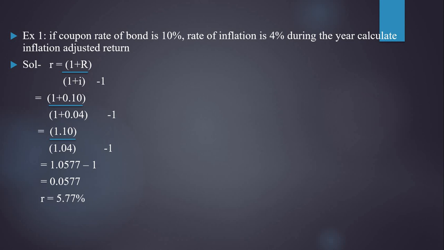So due to that, at the end of the year, whatever 10% return you are getting on the bond is not the actual return. Due to the inflation effect, your actual return r is only 5.77%.